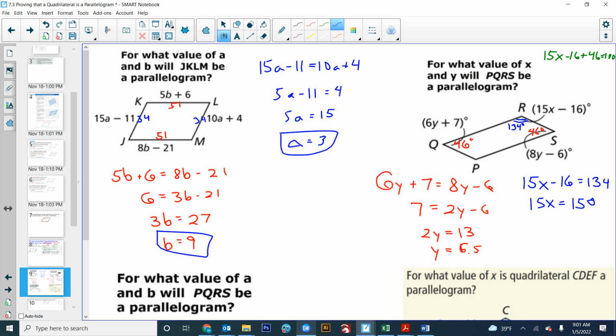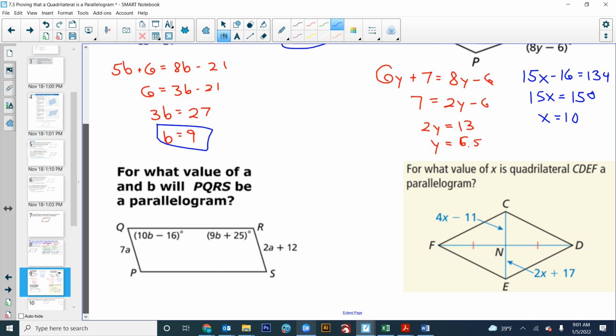So x is 10. And again, I knew the angle was 134, but that's not what it asked me. It asked me to solve for x and y. So I had to go ahead and solve for x in that situation. All right.